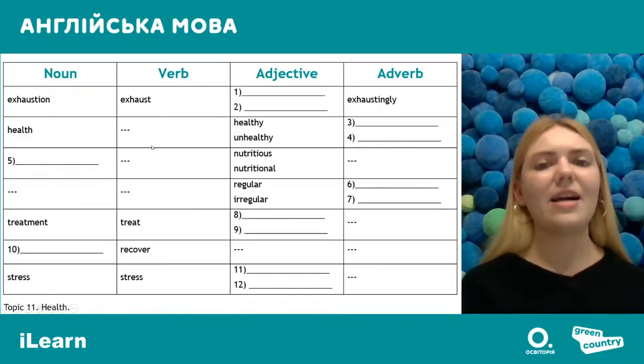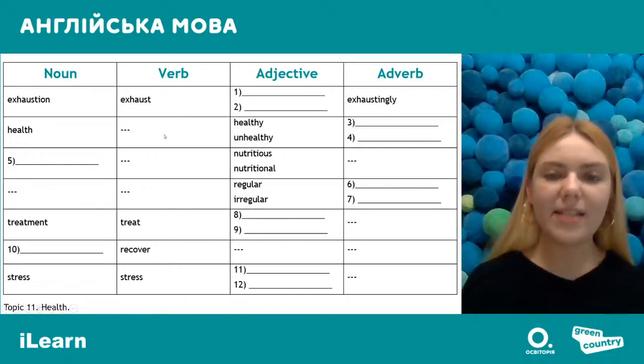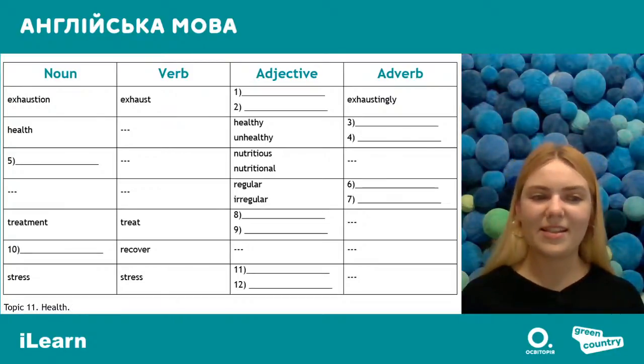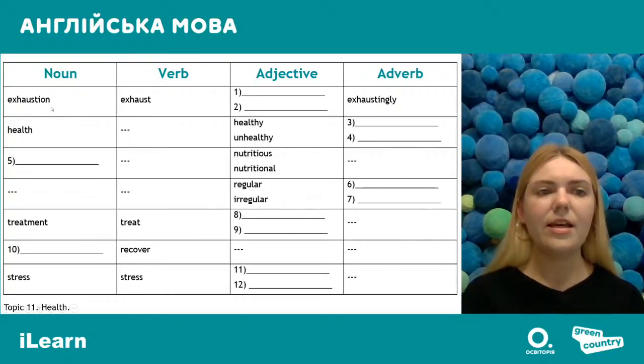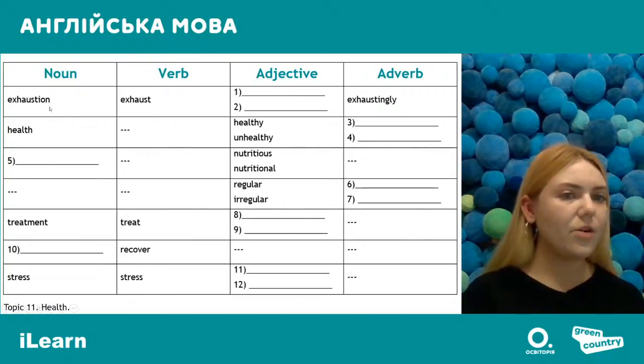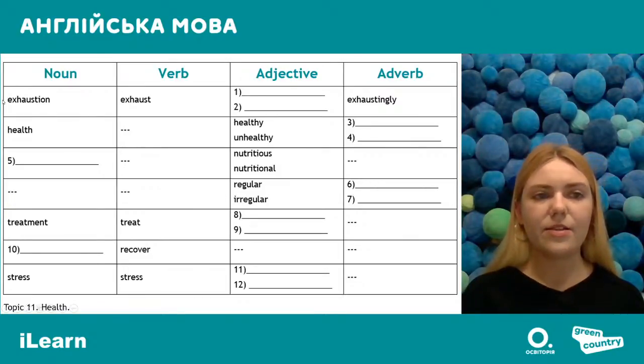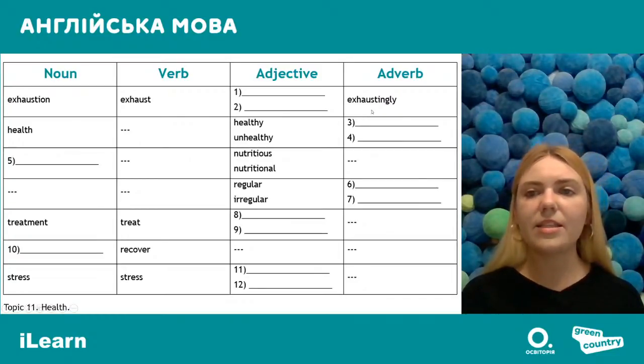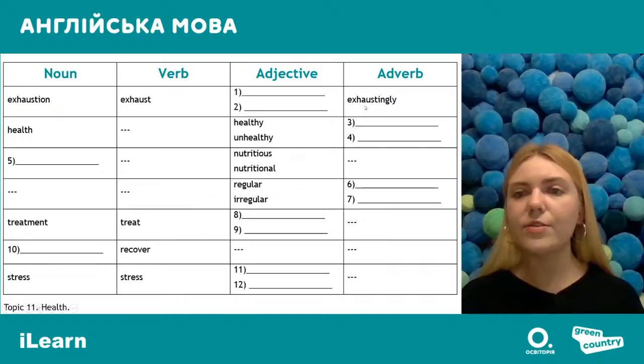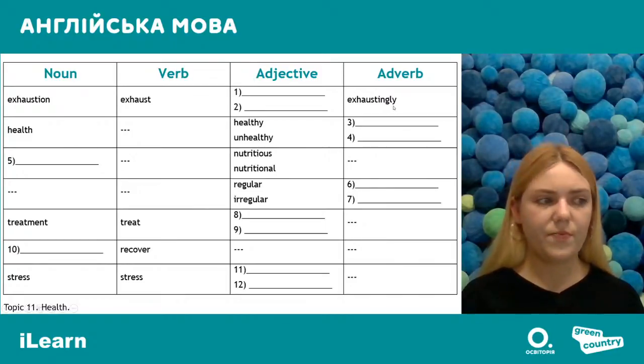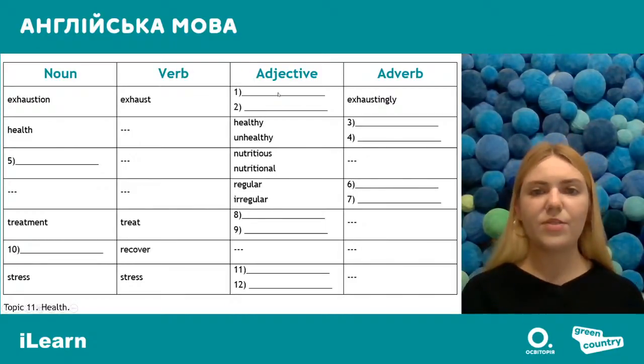Good. So let's look at some suffixes, some prefixes, and the word formation. Again, some words connected to health, and let's look at the first one. So we have the noun exhaustion. So it means виснаження. Also, we can use a verb exhaust, виснажувати, and we have an adverb exhaustingly, виснажливо. So what will be an adjective? And we have two options.